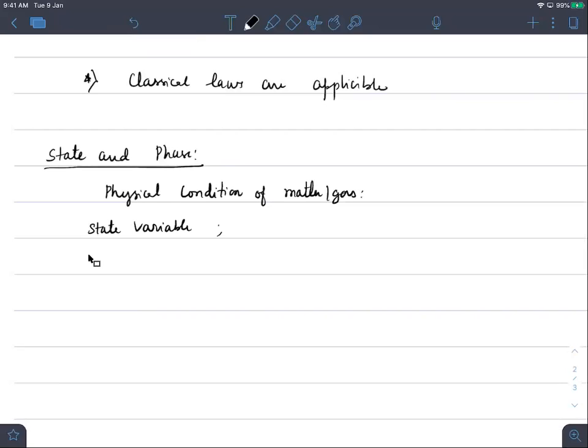The main state variables which define the condition of a matter are pressure, which we usually write as P, volume, V, temperature, T, and number of moles, N. This will define what is the state of a gas.